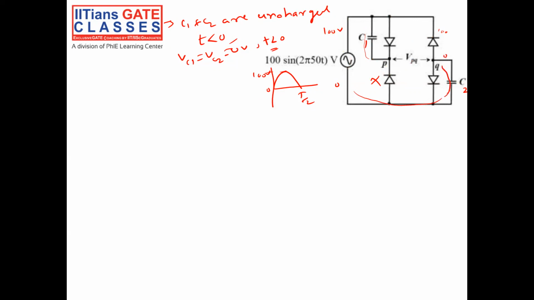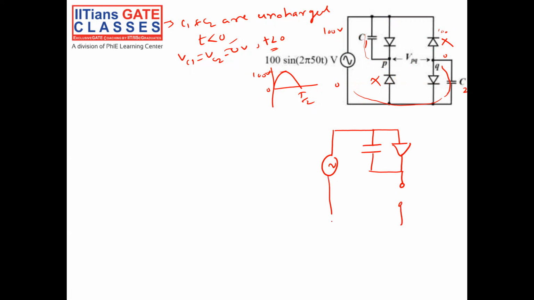This is also 100 minus 0, so it will be reverse biased and cut off. When both are in reverse bias, what is the circuit now? I have my input, then a capacitor, and I don't know the condition of this diode, but the other diode is reverse biased, meaning it is open circuit.